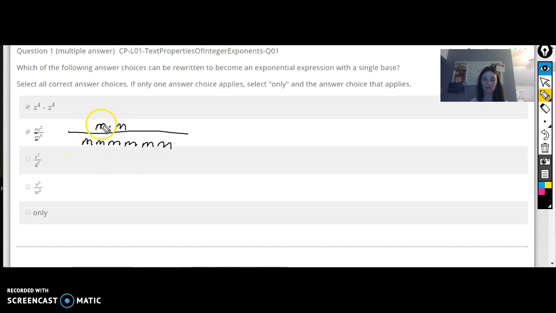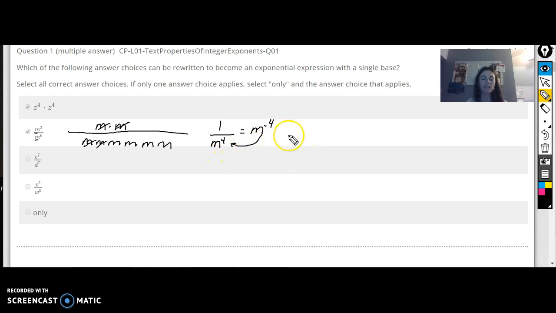Normally you would just cancel these out, and so I'm left with 1 over m to the 4th power. Another way to write this is m to the negative 4th. We can move an exponent between the numerator and the denominator by simply switching the sign of the exponent. So m to the negative 4th is the same as 1 over m to the 4th.